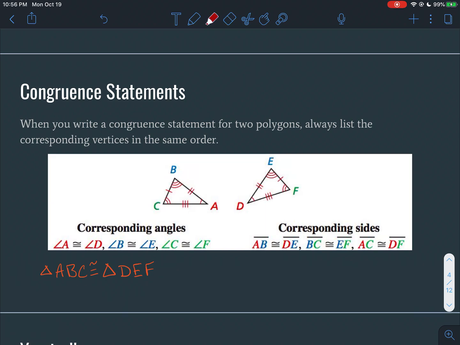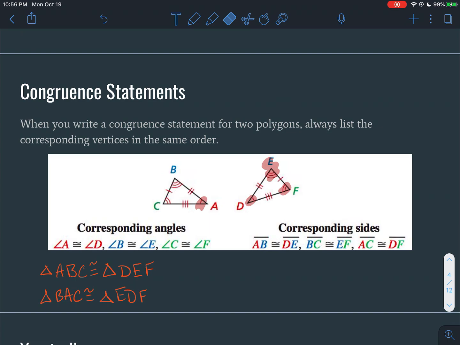I could have said for this first triangle, let's say, BAC. So triangle BAC, because the first triangle I can name in whichever order. But if I go from BAC, then B goes with E, A goes with D, and C goes with F. So triangle BAC is congruent to triangle EDF.